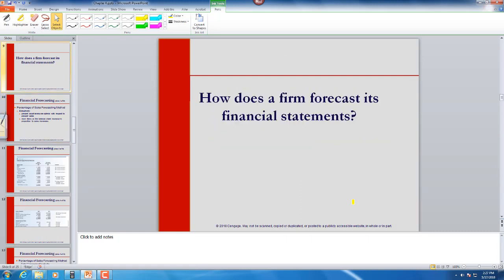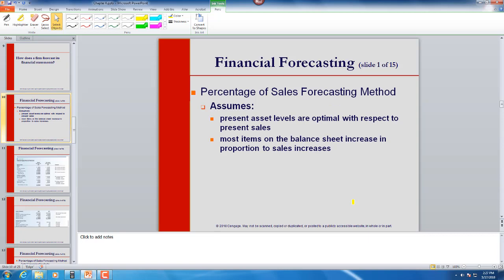Now, how does a firm forecast its financial statements? If you look at it, the percentage of sales forecasting method assumes that present level assets are optimal with respect to present sales, and most items on the balance sheet increase in proportion to sales increases. You have to start somewhere. So this is where you start. You say, okay, how am I going to figure out how much money I'll need?